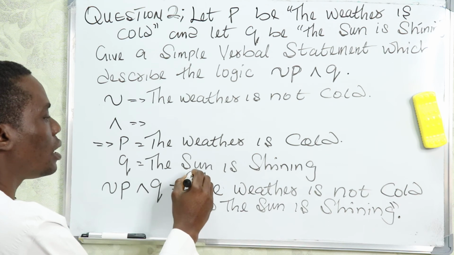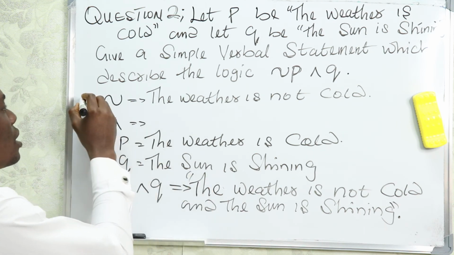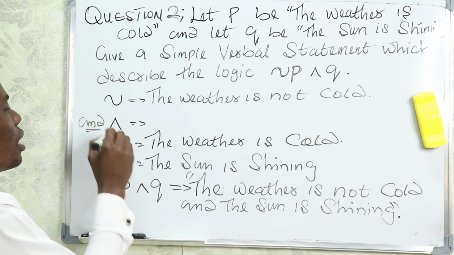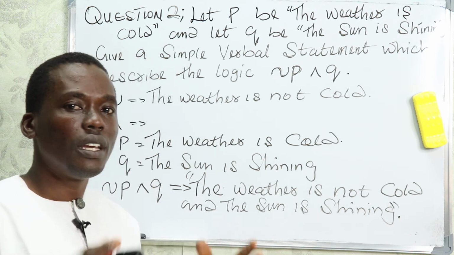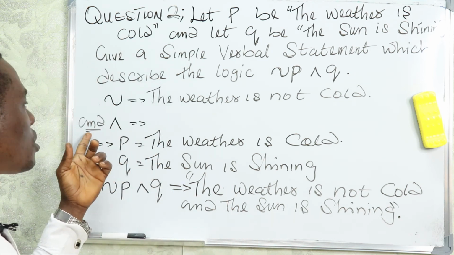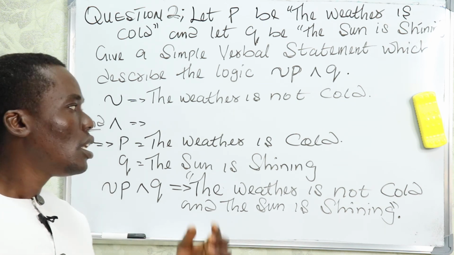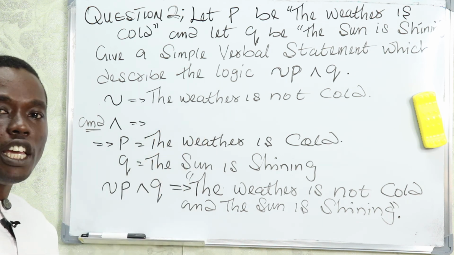So you see, this is the statement. Why? Because this is always represented with the word and. They are compound statements that are always brought together with the conjunction and.